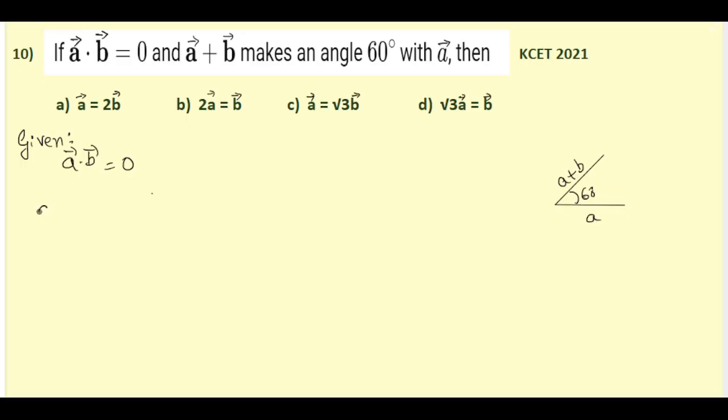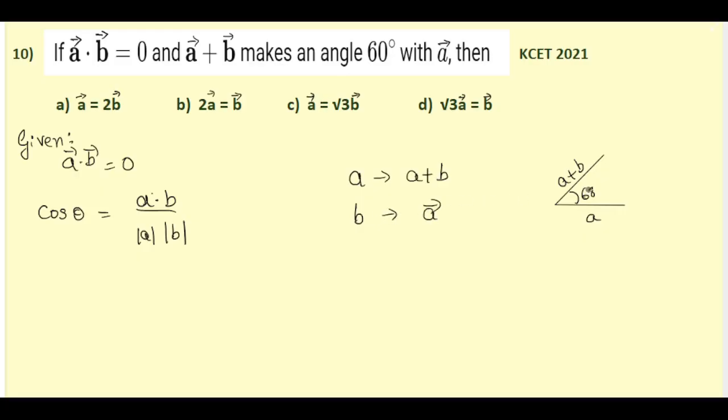So we know the formula for finding the angle between two vectors. Cos theta equal to dot product of A and B divided by magnitude of A into magnitude of B. This is the formula that we use to find the angle between two vectors A and B. In this case, your A vector is nothing but A plus B vector, and your B vector is nothing but A vector.